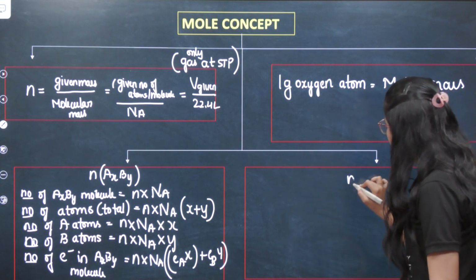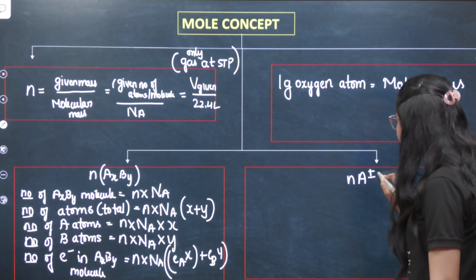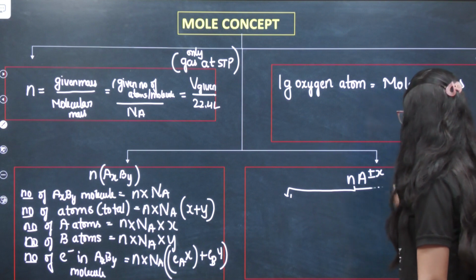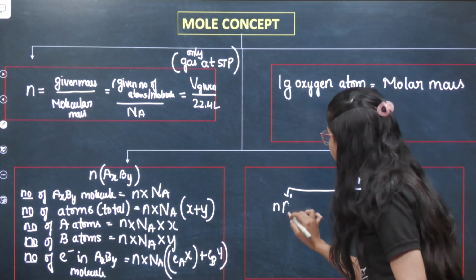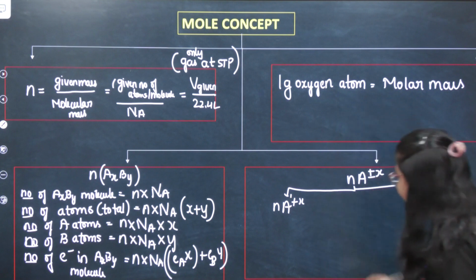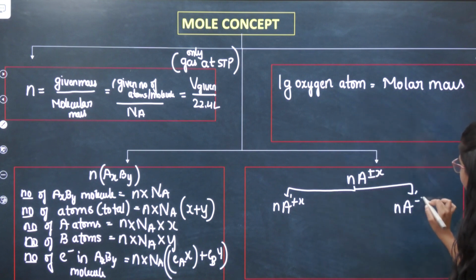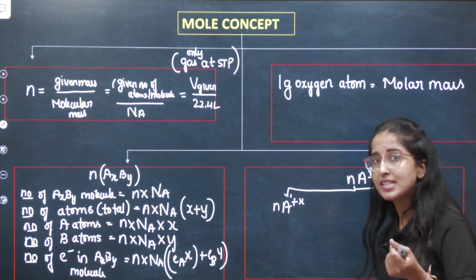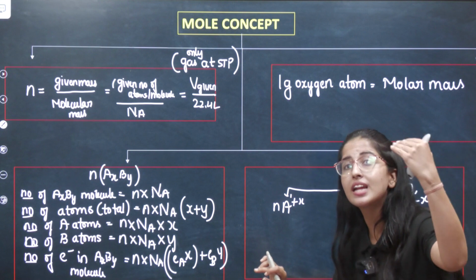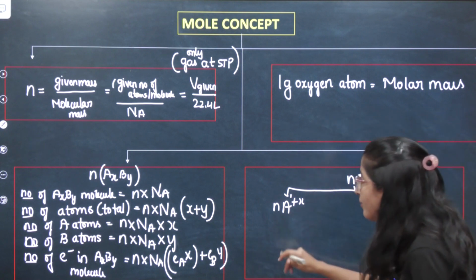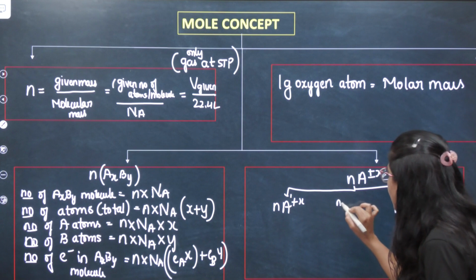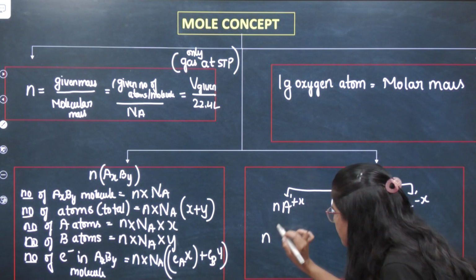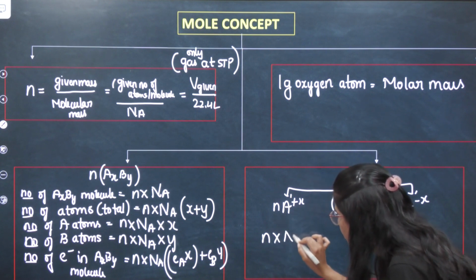The next is, they might give you an ion. They might give n moles of A plus or minus X ion. So let us take two cases: n moles of A plus X cation, and anion. What does the cation represent? It represents that it has lost X number of electrons. So how do we calculate the number of electrons? Number of atoms first, number of moles into Avogadro's number.